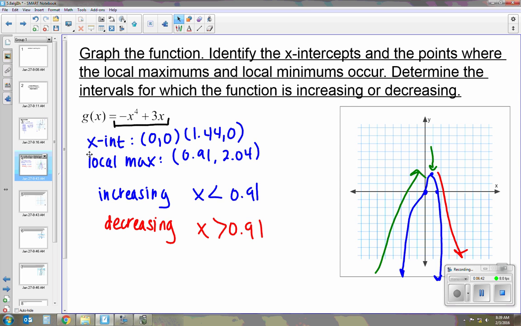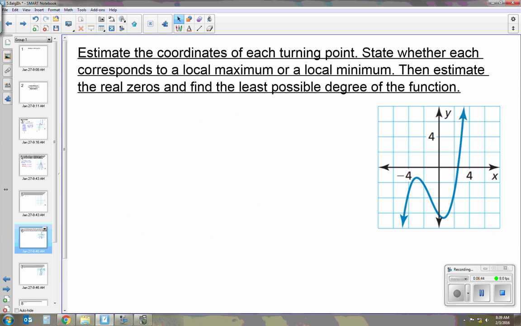All right, our next one, we can look at a graph to estimate these points. So it says estimate the coordinates of each turning point, state whether each corresponds to a local maximum or a local minimum, then estimate the real zeros and find the least possible degree of the function. So if we take a look at this, we have to write down our turning points.